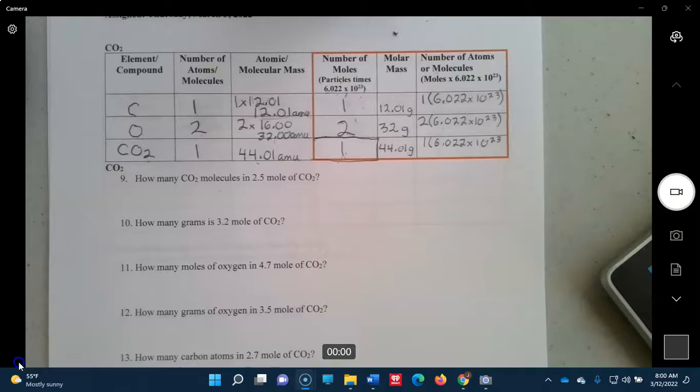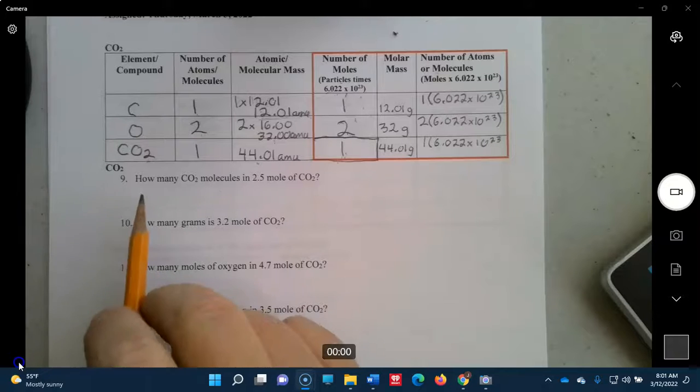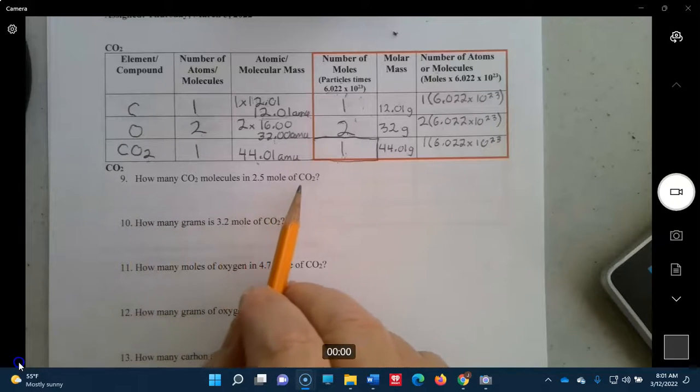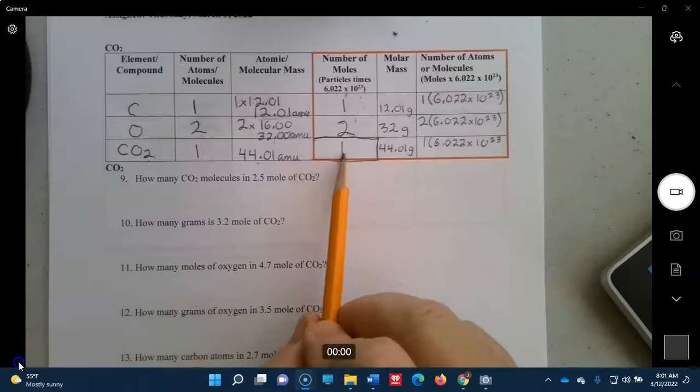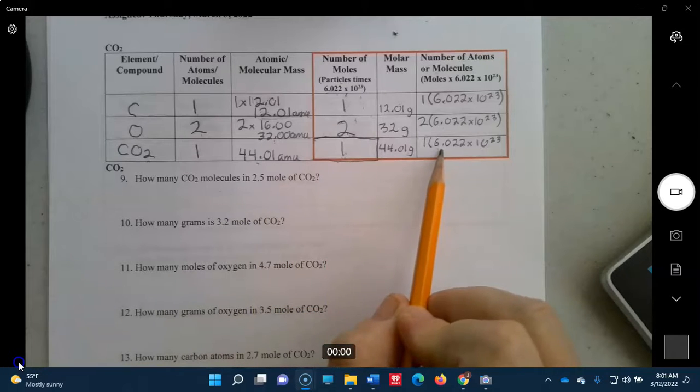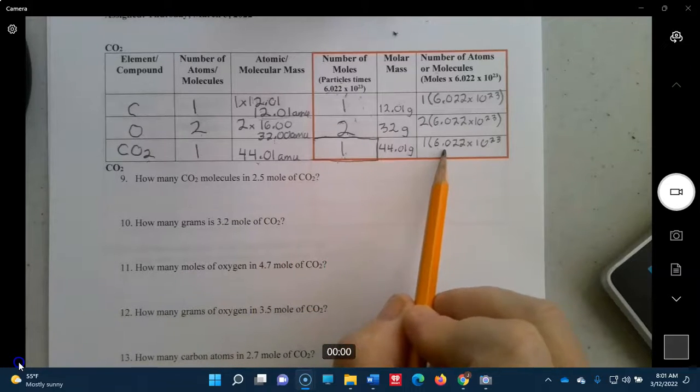I am going to be particular that you write out these complete sentences. I know it takes a little more time, but go ahead and do it, and it will give you context when you go back to study it, and it will stick in your mind better that you've written it out as a complete sentence. Okay, so let's go ahead with CO2. How many CO2 molecules in 2.5 moles of CO2? In 1 mole of CO2, there's 6.022 times 10 to the 23rd CO2 molecules.